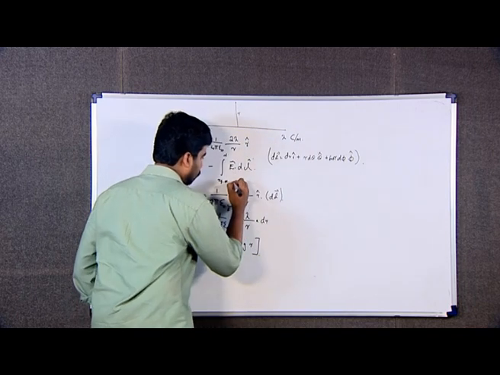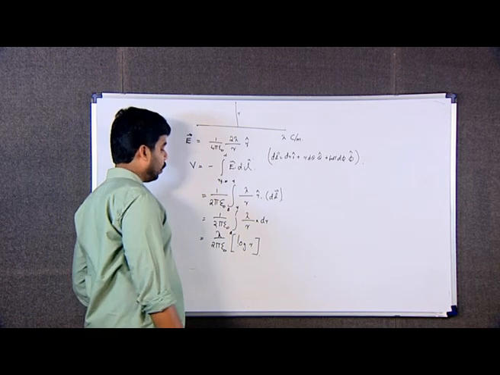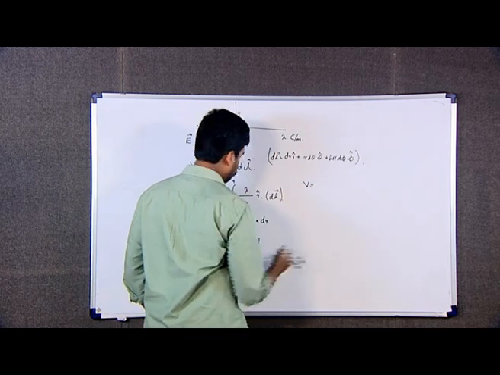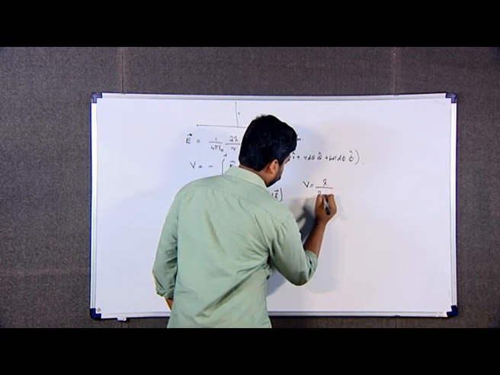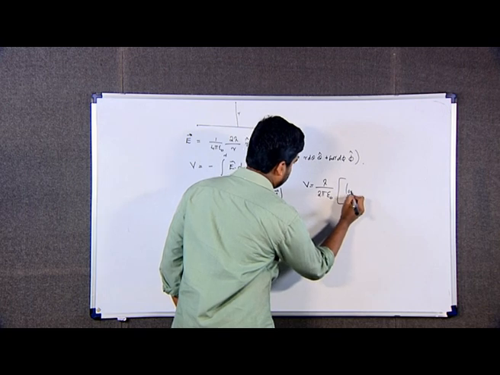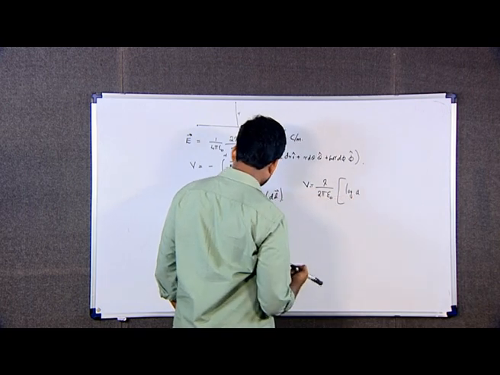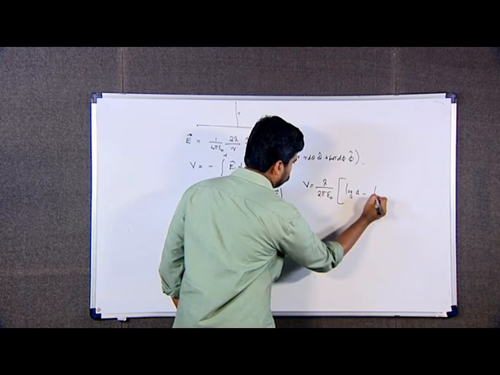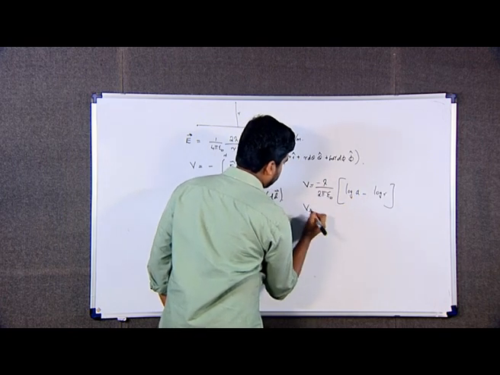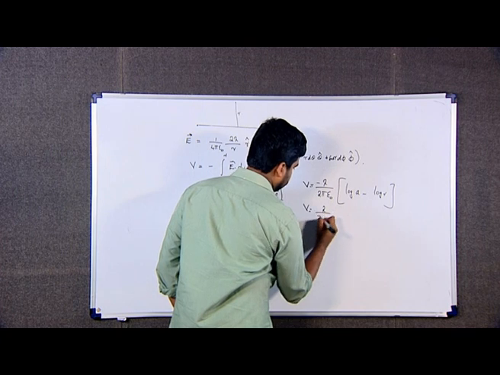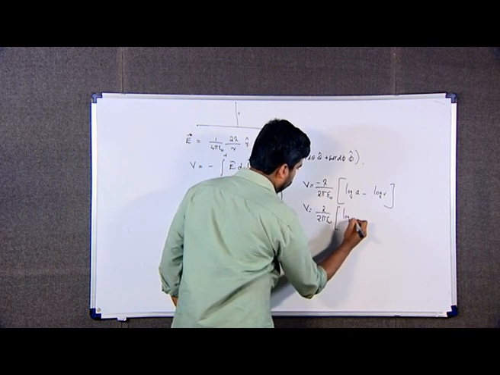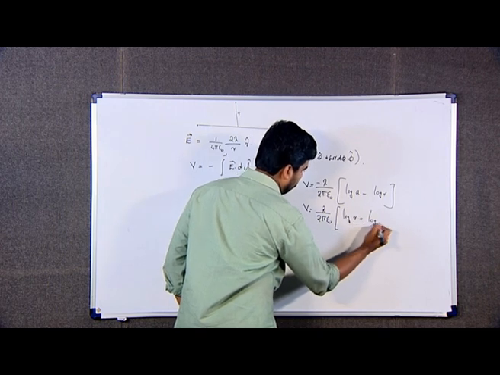So, the integral will become from the point A to the point R, which is V is equal to lambda by 2 pi epsilon 0 into log A minus log R, with a minus. So, you can write it as lambda by 2 pi epsilon 0 into log r minus log a.